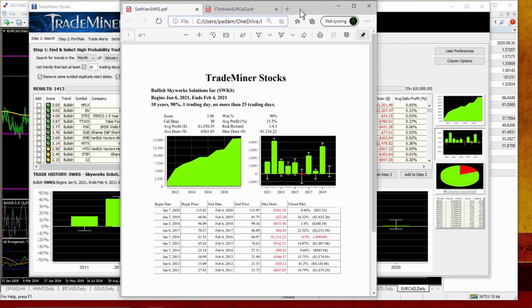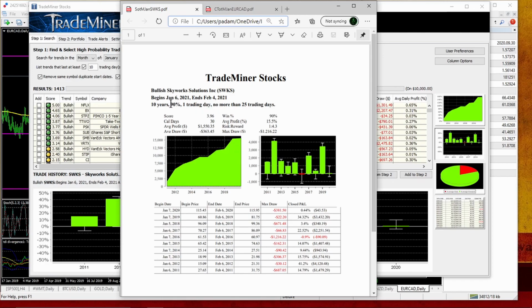When I did my dig, I came up with Sky Networks, something that I'm familiar with. 10 years, 90% chance, from 1 day to 25 days. That should actually be like 10 days, but that's what I decided to come up with. And then here's a 3.96 score, and you have a 1 to 4.3 risk reward. So I thought this trade looked pretty good.